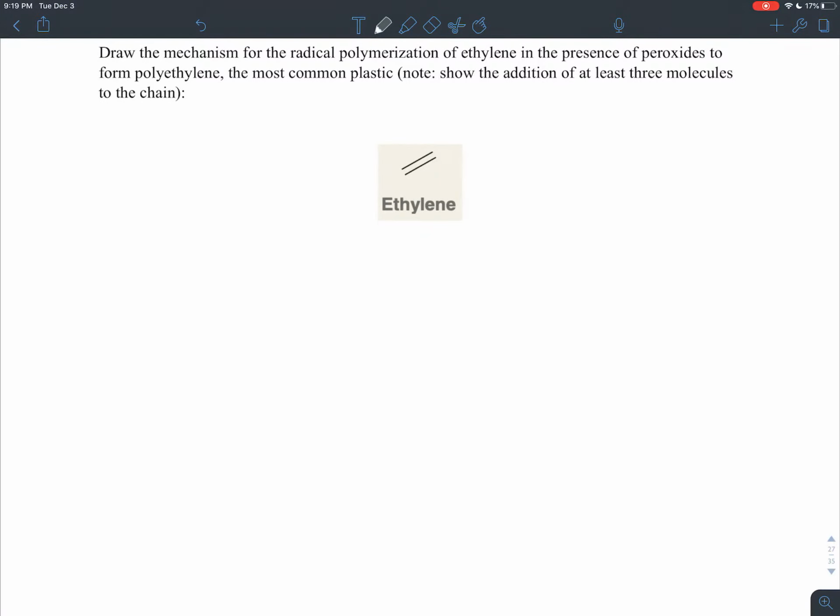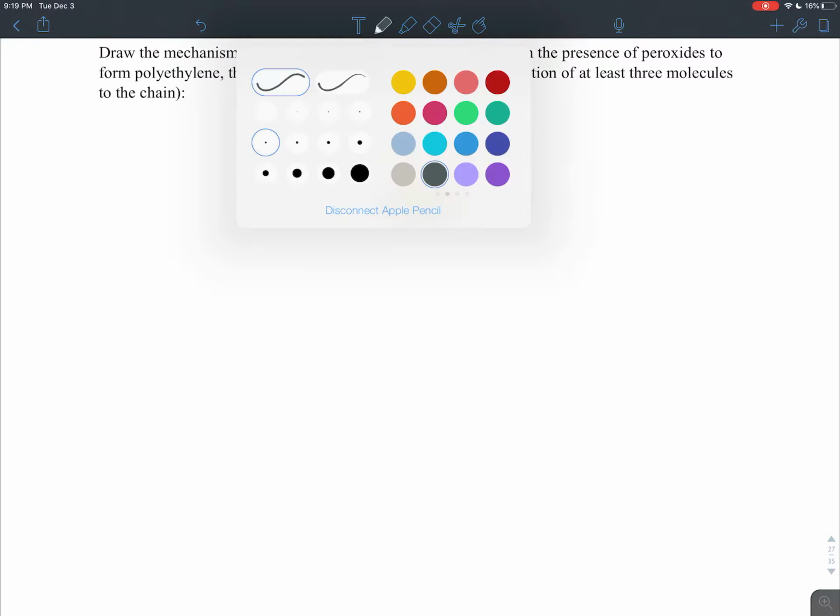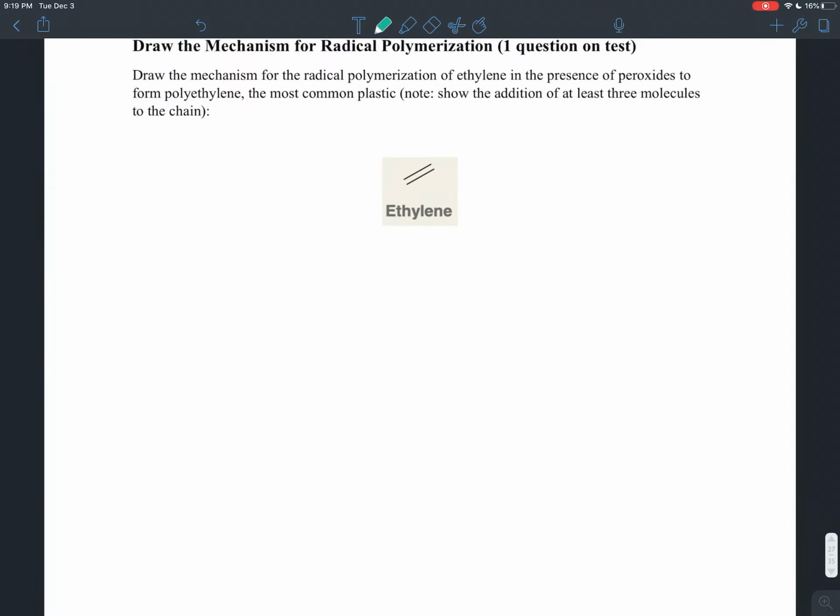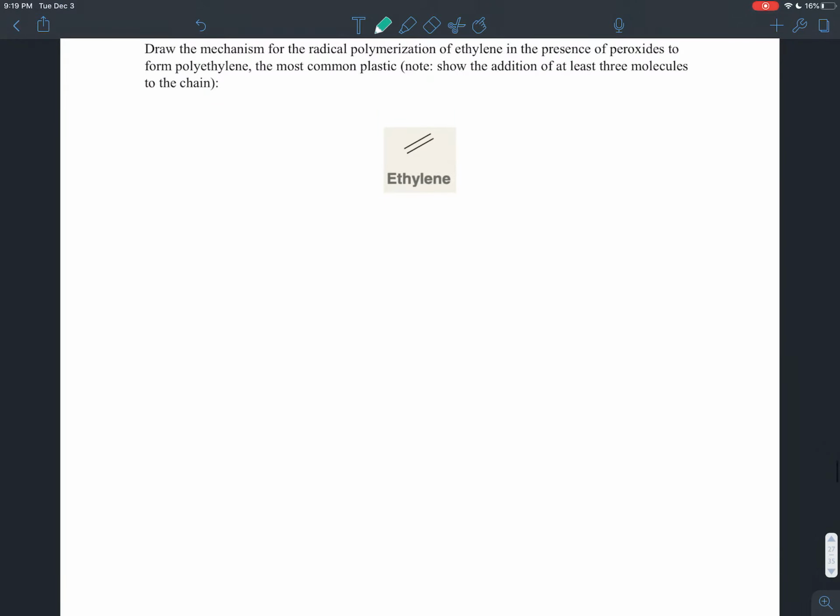The polymers that we're going to make in this exercise are things like the common clear plastic in water bottles, or styrofoam, or Teflon. All of those are carbon compounds, long chains of carbon compounds, polymers, made from radical reactions. And every radical reaction has three parts: a beginning, a middle, and an end.